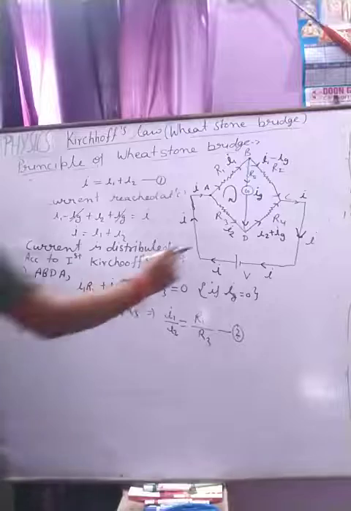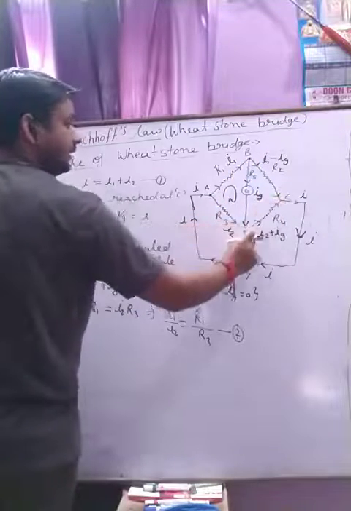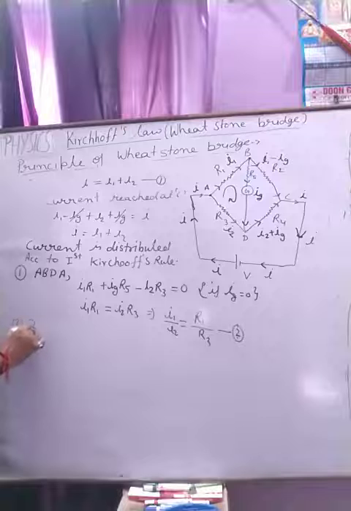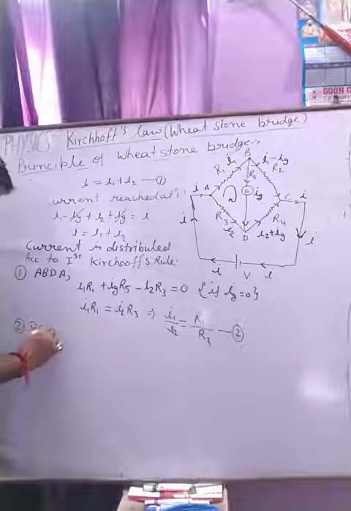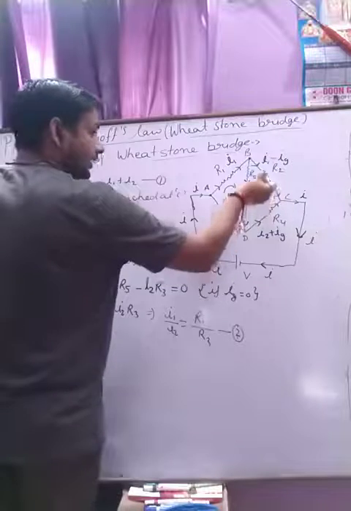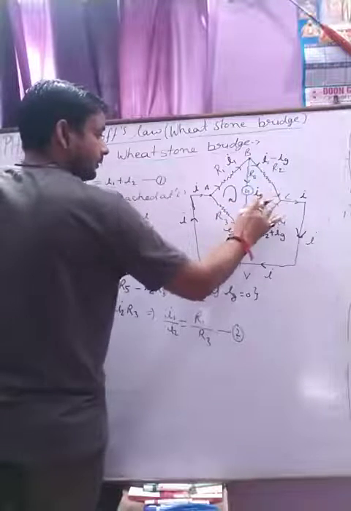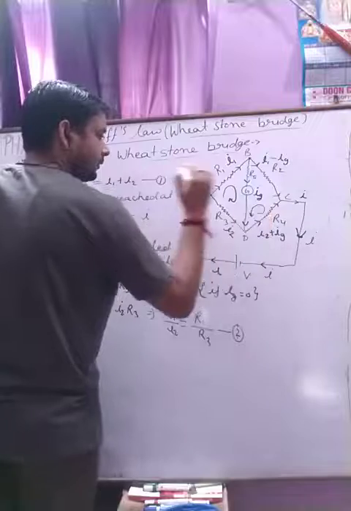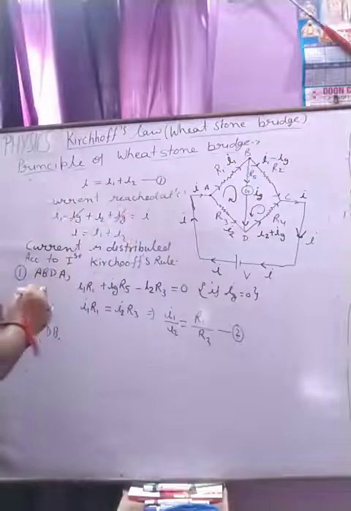Okay. Now in the second loop, B C D B, in this loop we are using the anti-clockwise direction.